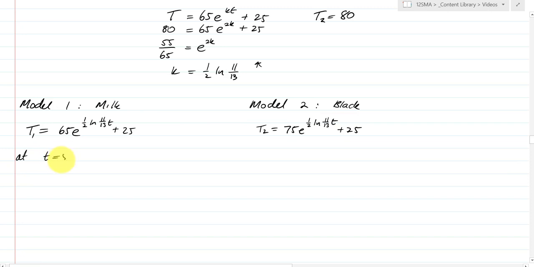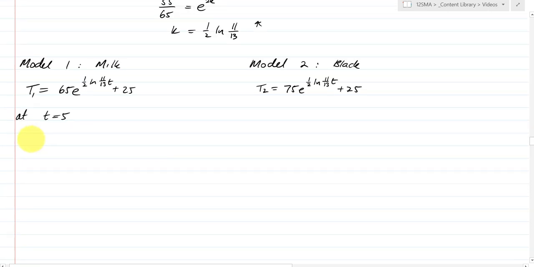At t equals 5, I get the temperature is equal to 65e^(half log 11 over 13 times 5) plus 25, and I get the same thing in model 2, but this time I've just got a 75 at the start.